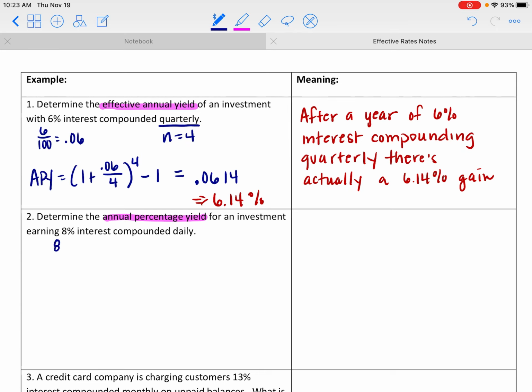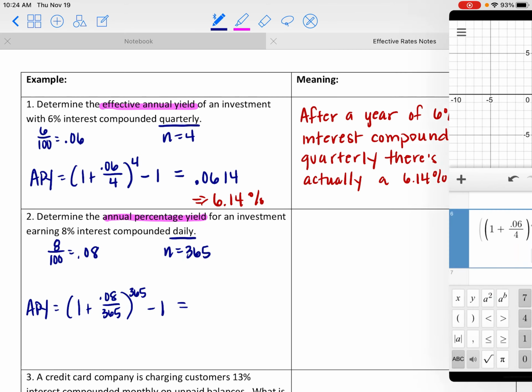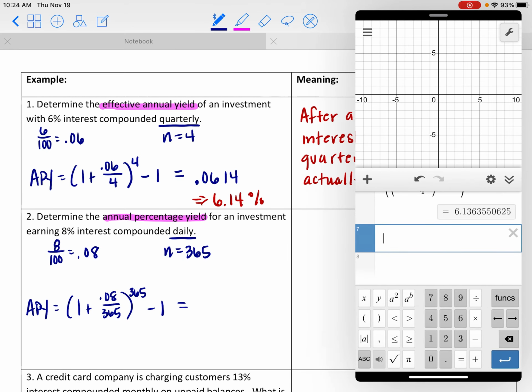So 8% is 8 out of 100. That's 0.08. And compounded daily means n is 365. So our APY is going to equal 1 plus 0.08 over 365 raised to the 365th power minus 1. And so we go to our calculator.